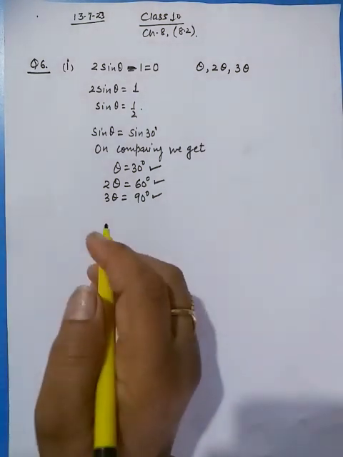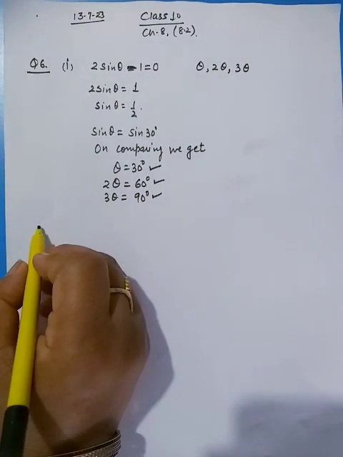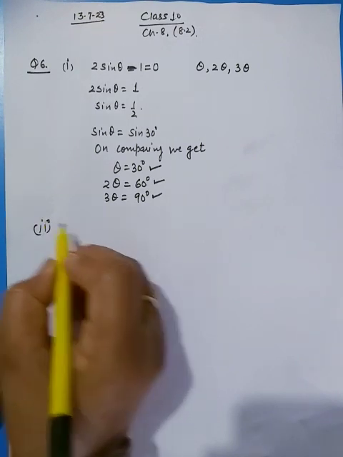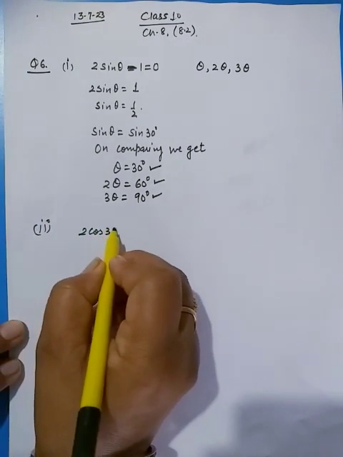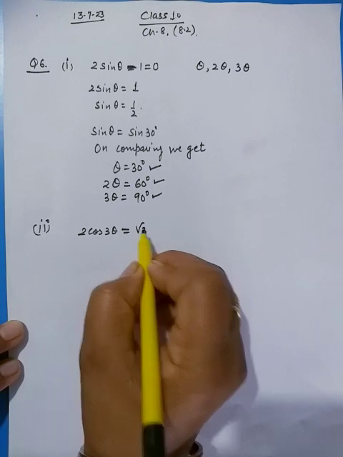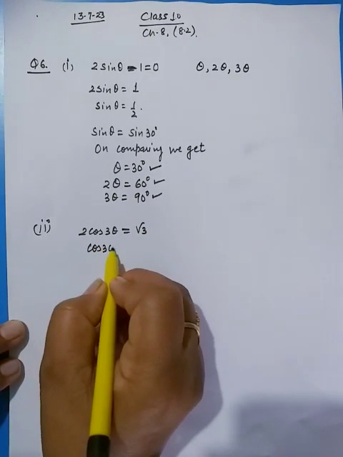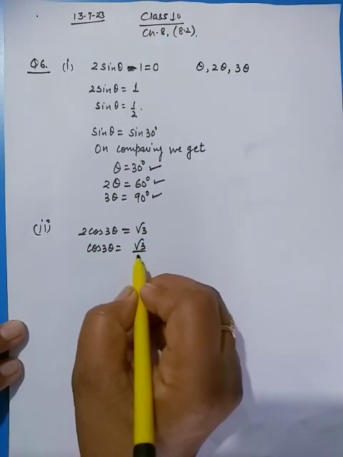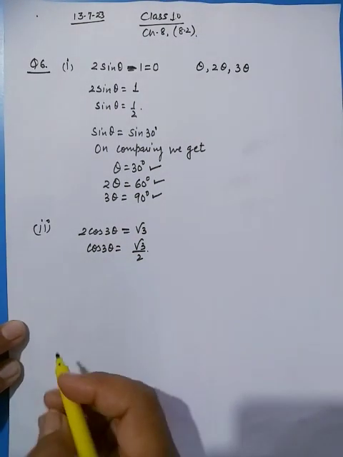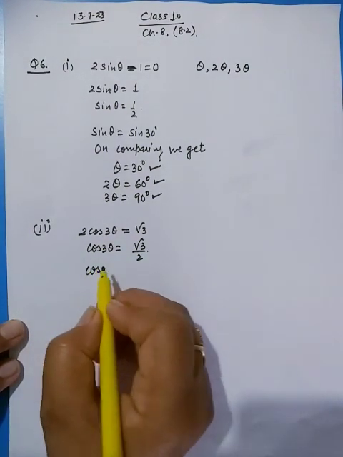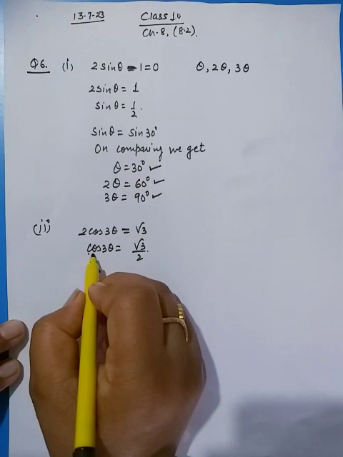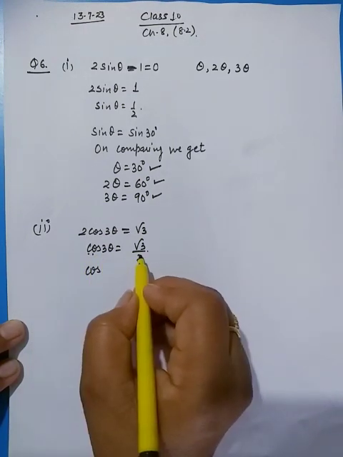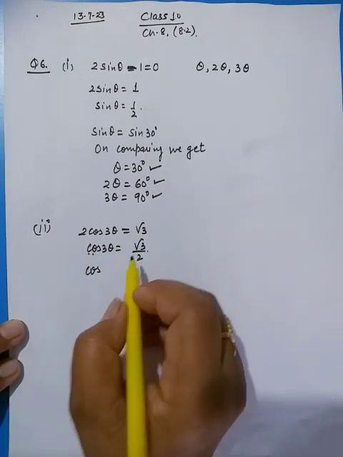Similarly, in part number 2, 2 cos 3 theta is equal to root 3. So cos 3 theta will be root 3 by 2, and root 3 by 2 is the value of cos 30. Students, if this side has cos, then you have to check this value also for cos.